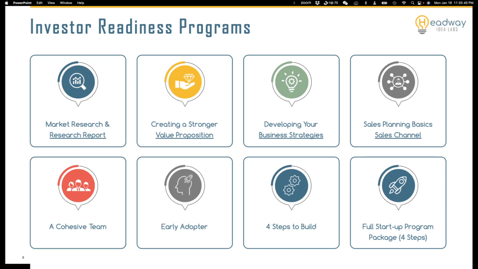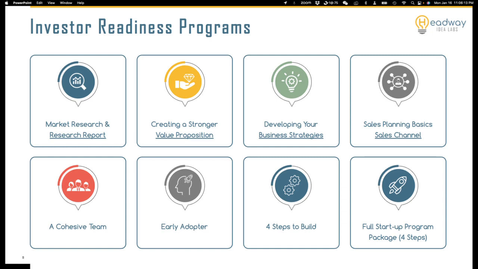So that pretty much covers the 4 steps to build. I hope this helps. Again, this program is free. We have some templates. We also have other investor readiness programs that are not free, though. And we have the market research if you need help with that, creating a stronger value proposition, developing your business strategies, sales planning basics, developing a cohesive team, which is one of the key things, if not the key thing, that investors look at.